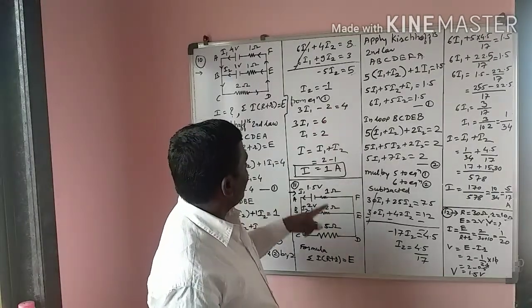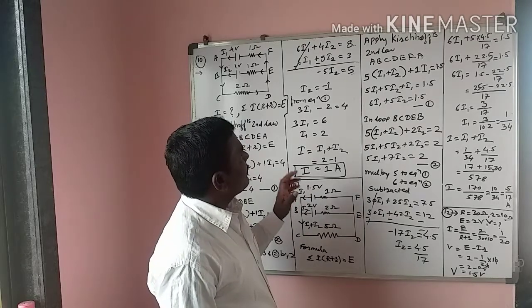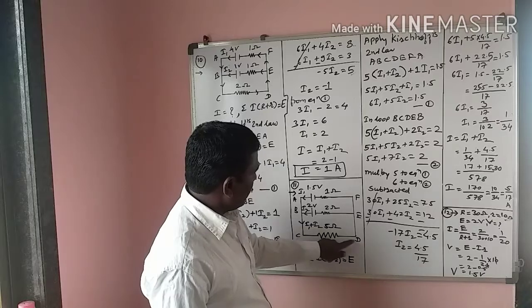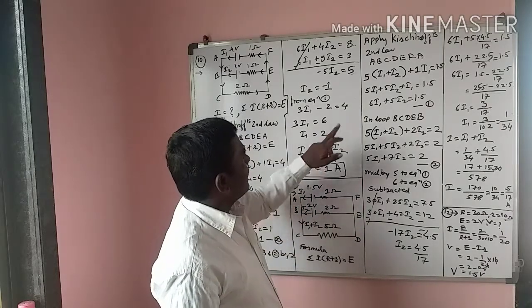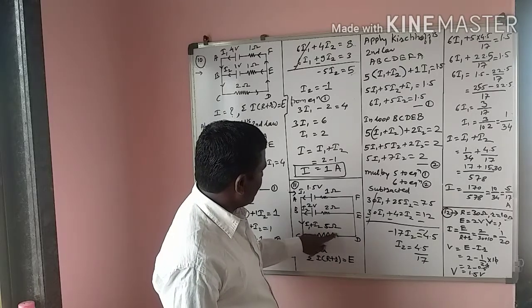And again we apply here the Kirchhoff's law in the loop A B C D E F A, and we take 5 times the total current, that is the potential difference through this.